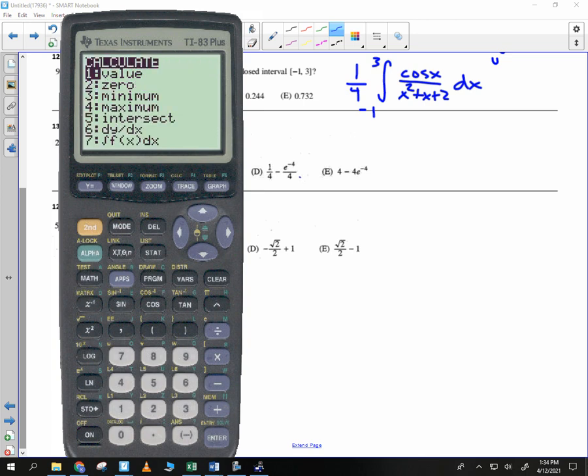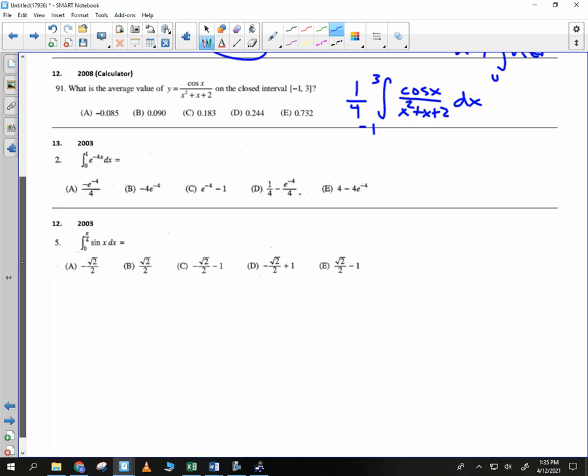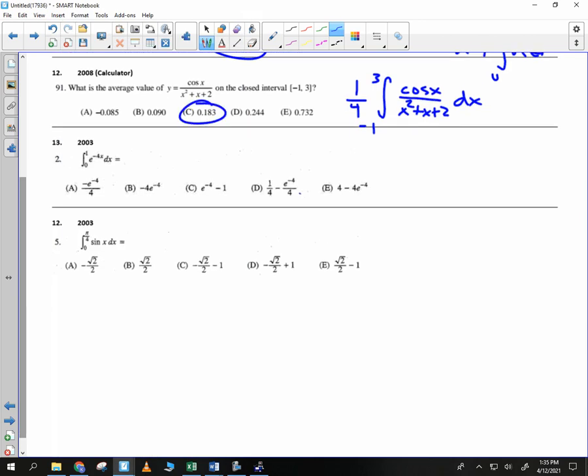And so we'll calculate number 7, from negative 1 to 3. And I get 0.73, and I have to divide that by 4. So 0.73 divided by 4 should be 0.18. There we go.